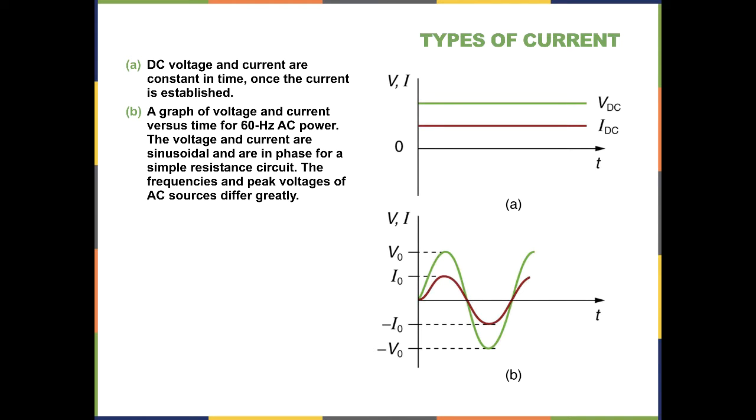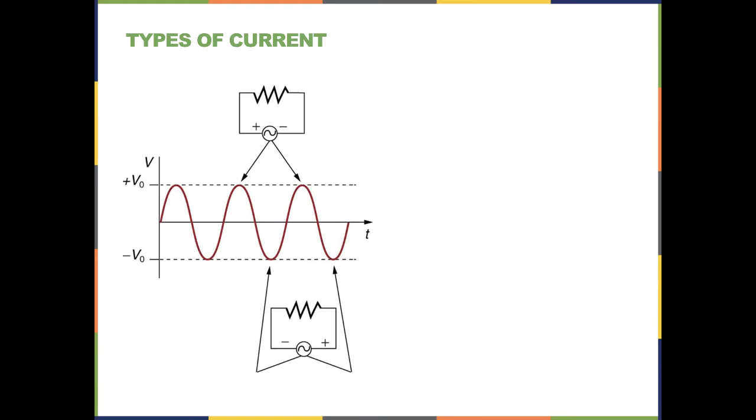Alternating current, which is shown in B, oscillates. The graph shows what it looks like if you have 60 hertz, that's 60 cycles per second, oscillating, alternating current. And what you have is a sinusoidal peak and trough, and both the current and the voltage peak and trough together, so they're in phase.